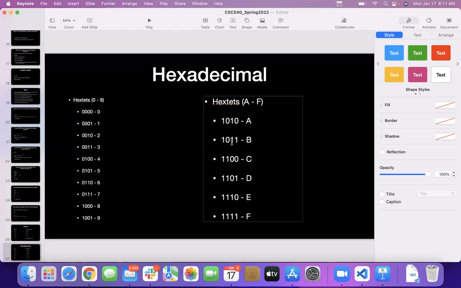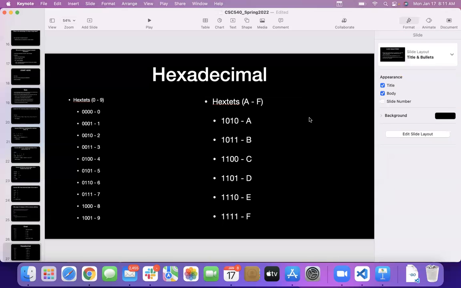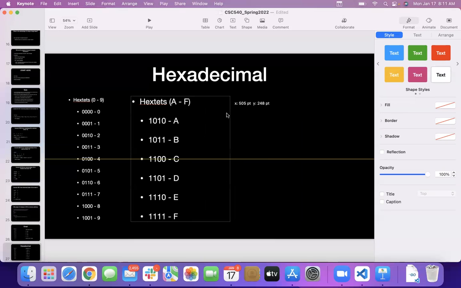So in exactly 4 bits, we can use every single different permutation of 4 bits to fully represent the 16 unique hextets of the hexadecimal system.